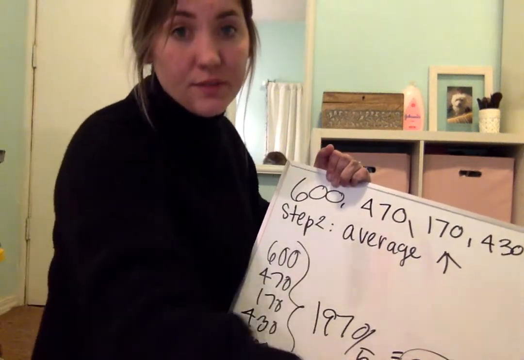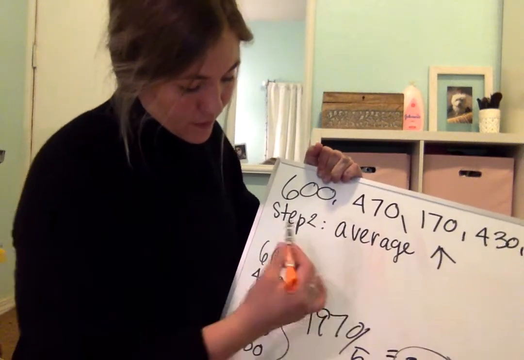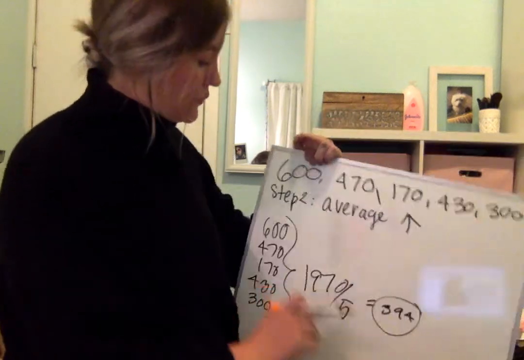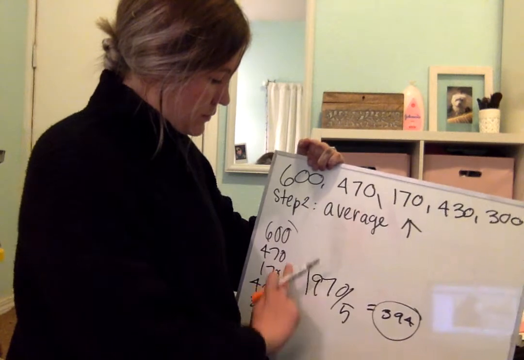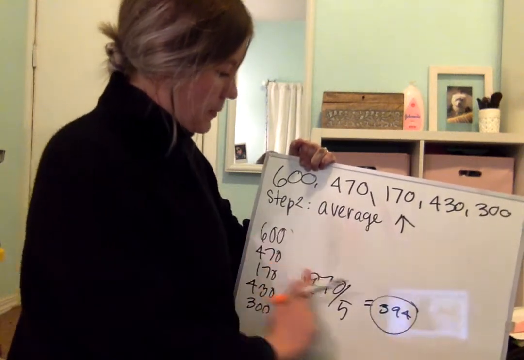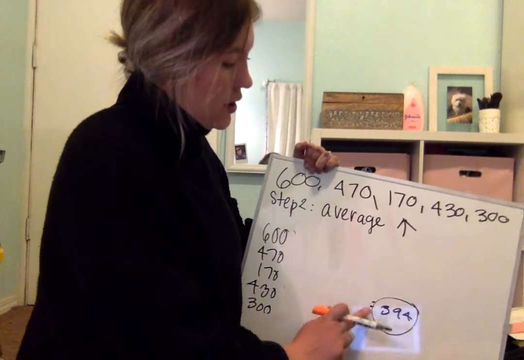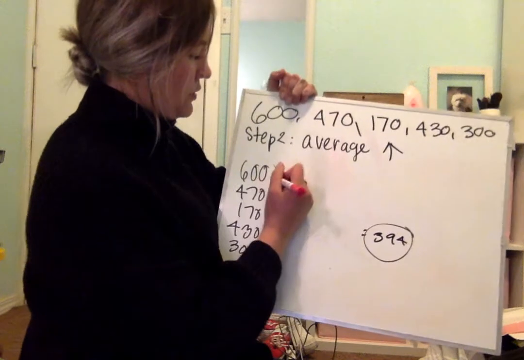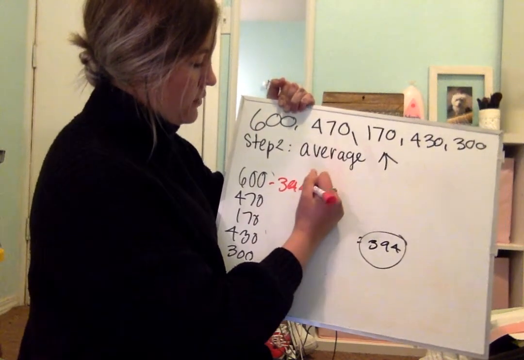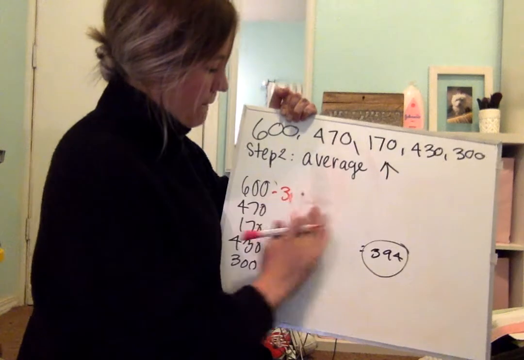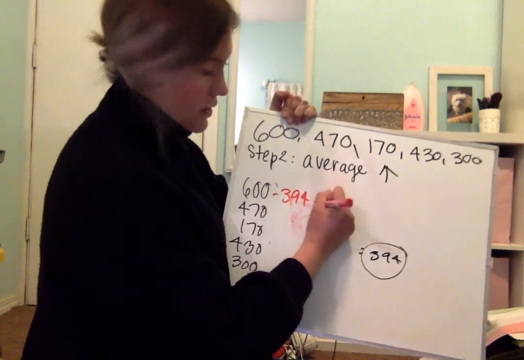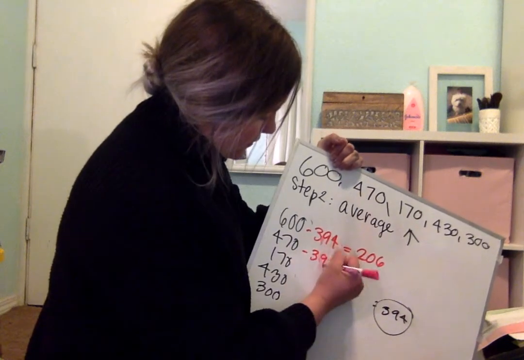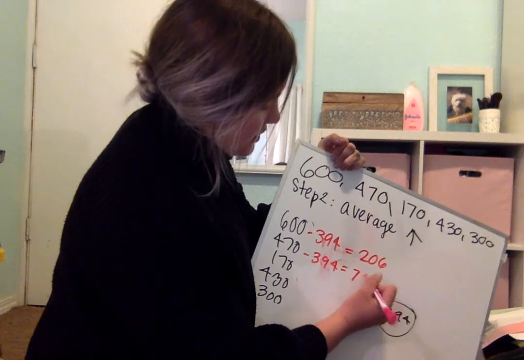So for step 2, you're going to find the difference between the original numbers from the data set and the average. To do that, you take all of these numbers and subtract 394. You get 206. You subtract 394, you get 76.